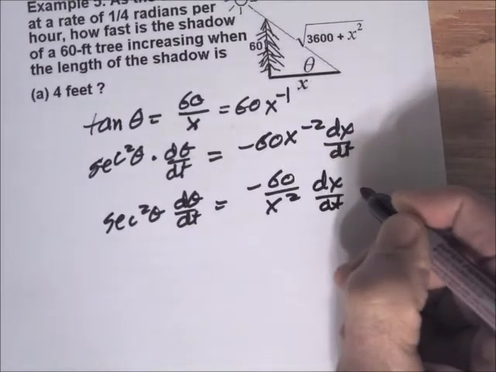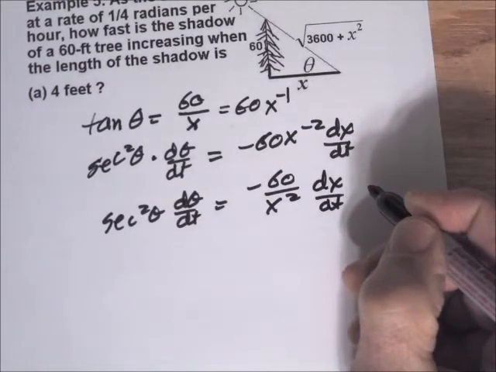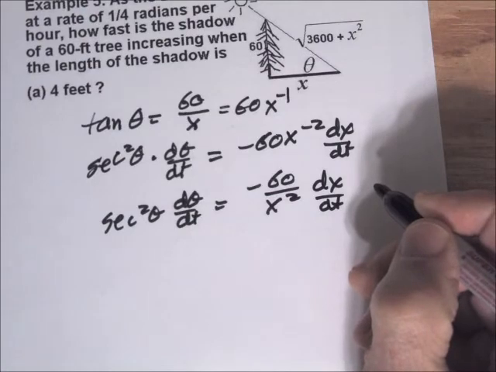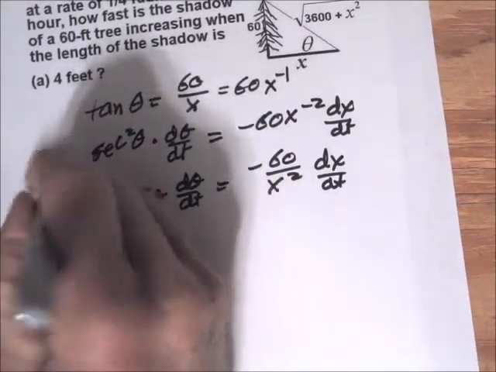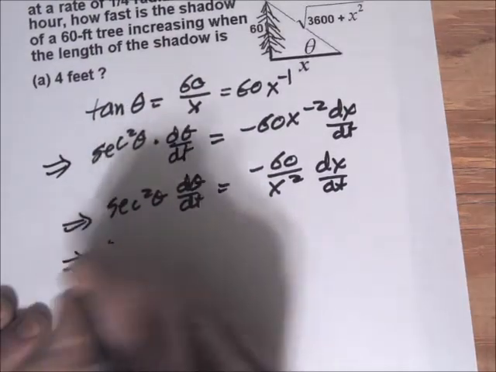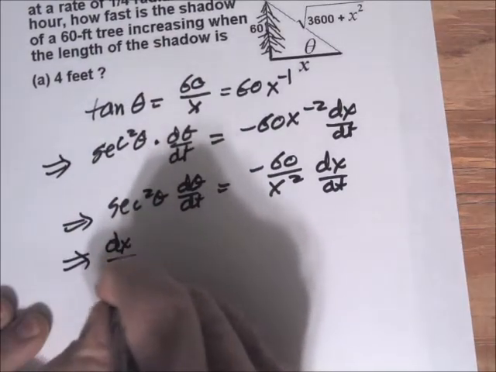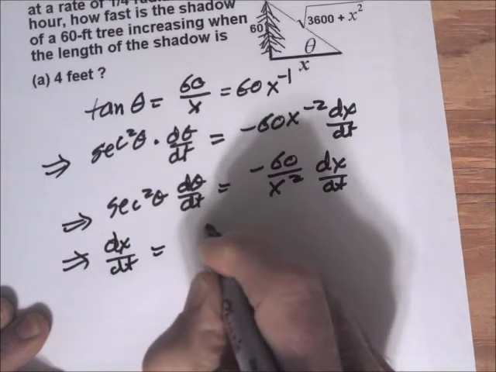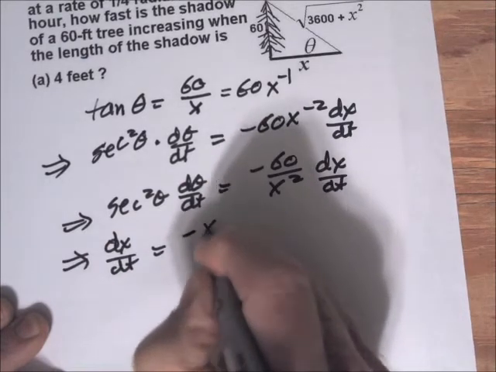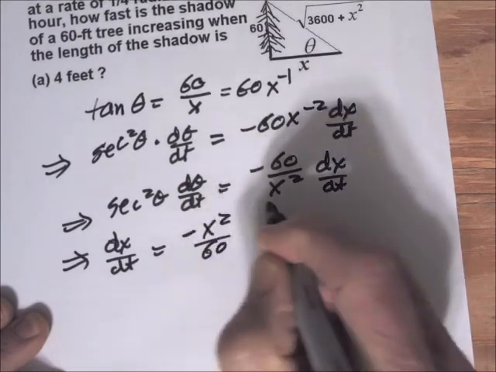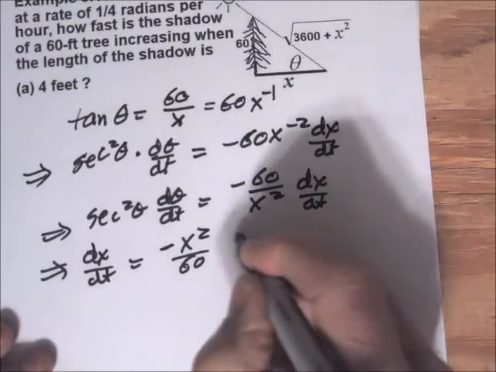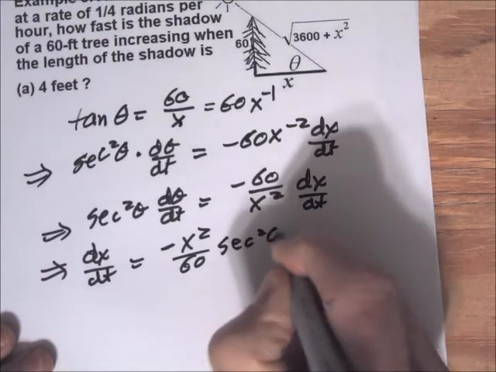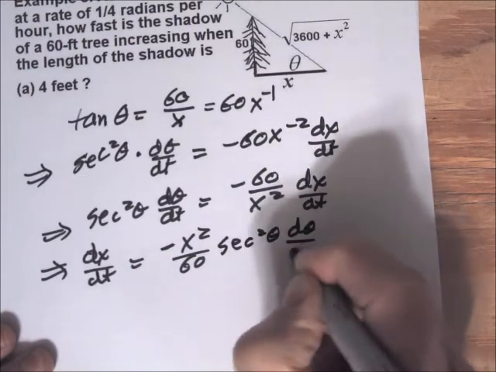And what we want to know is dx dt. So if we solve this for dx dt, we get dx dt is equal to minus x squared over 60 times secant squared theta times d theta dt.